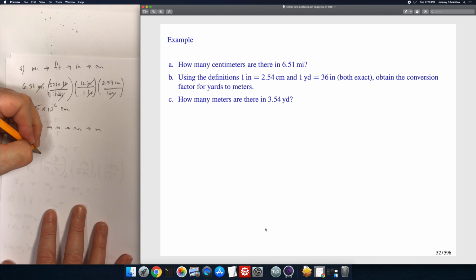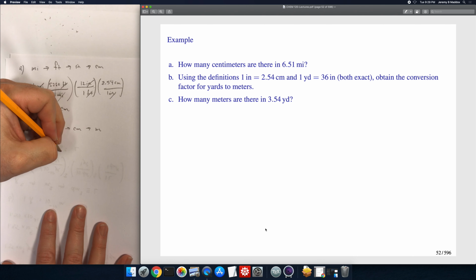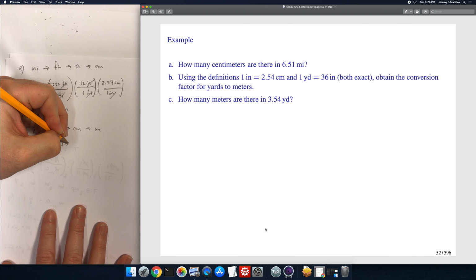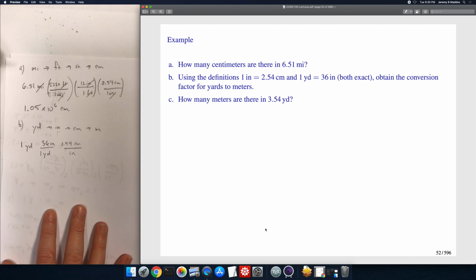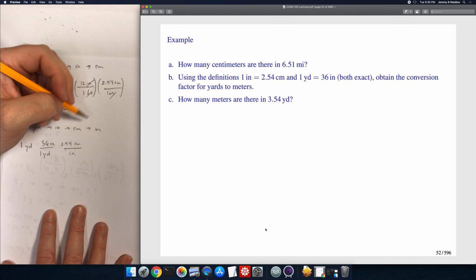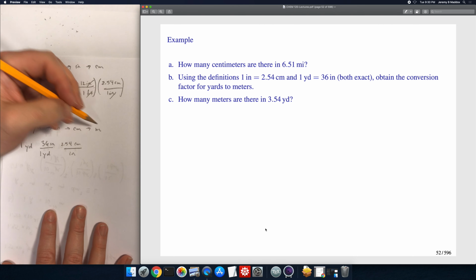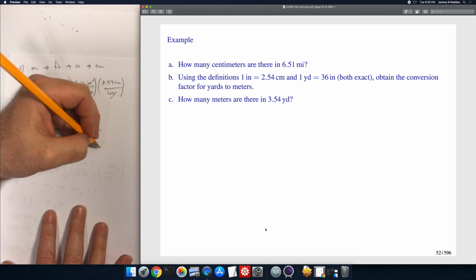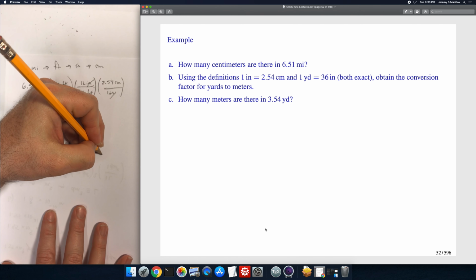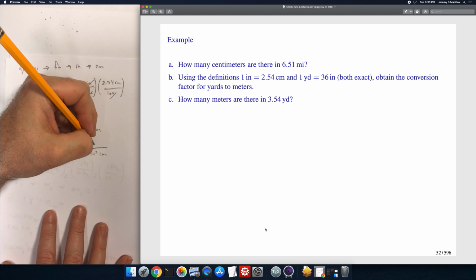And then we'll do 1 yard equals 36 inches. And there are 2.54 centimeters per inch. And then now we want to do the SI unit conversion from centimeters to meters. There are 10 to the 2 centimeters in 1 meter.